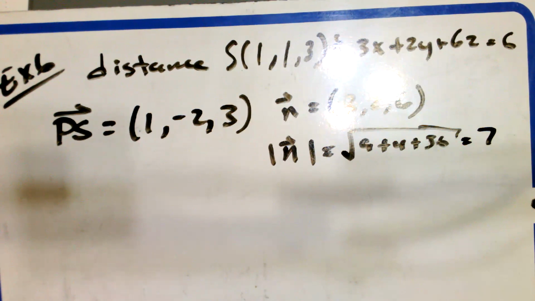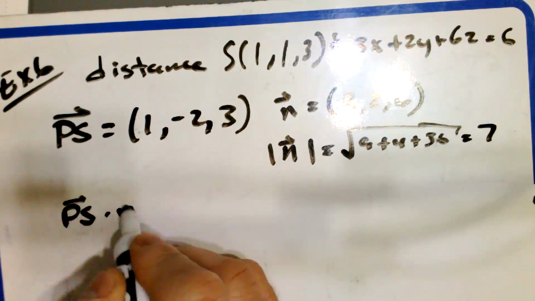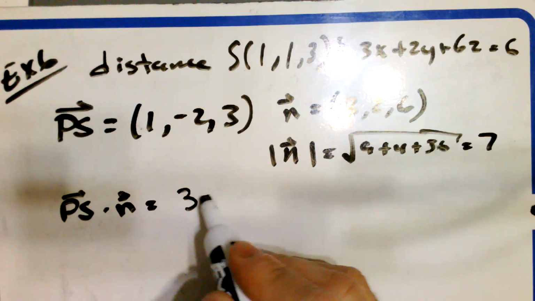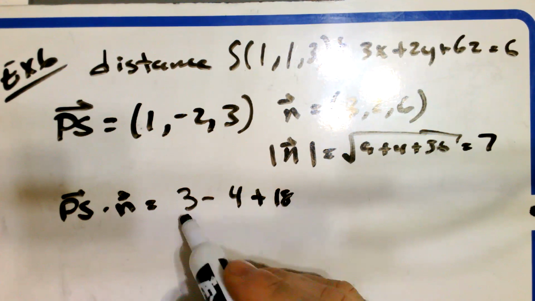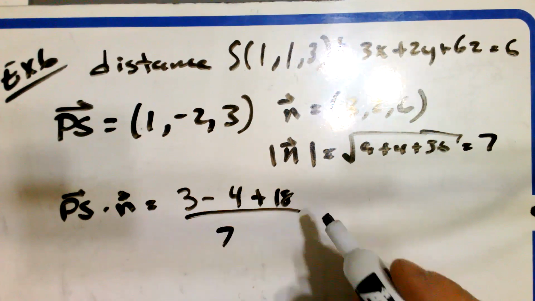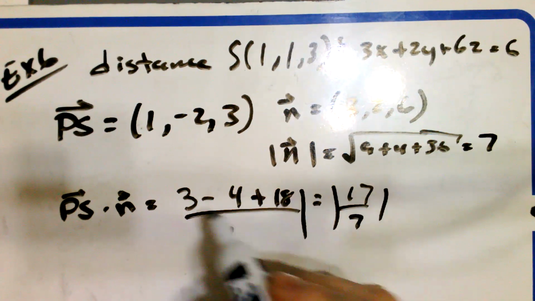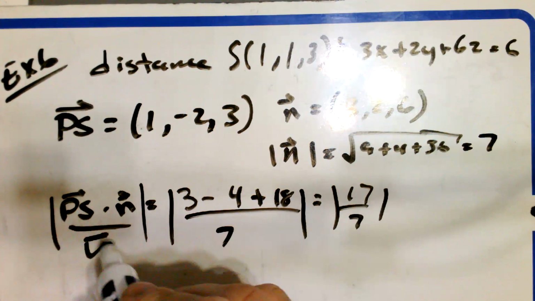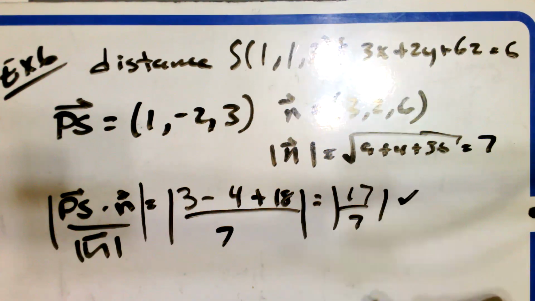So the distance is the dot product of PS and N. So PS dot N gives us 3 minus 4 plus 18, divided by 7, which looks like 17 over 7 in absolute value. And we have the distance that we were looking for.